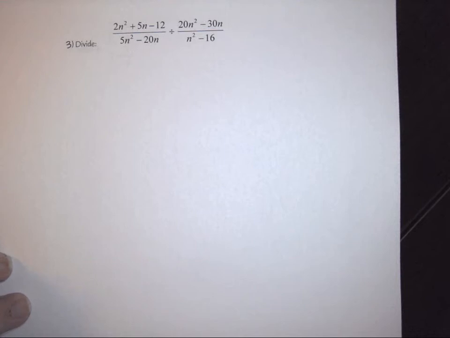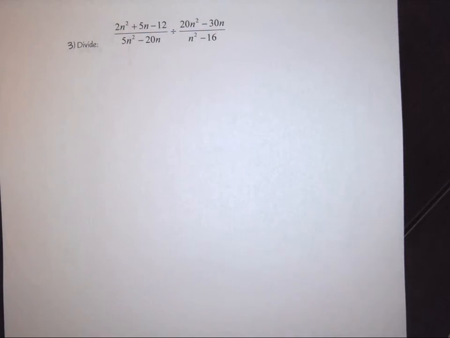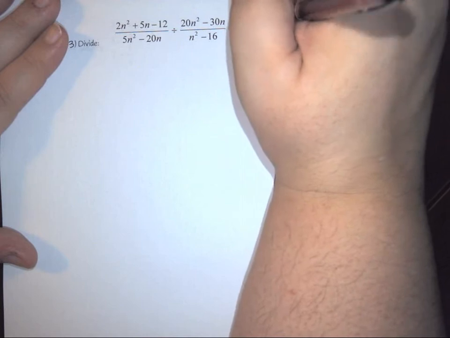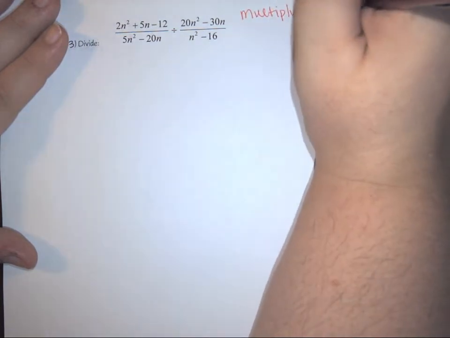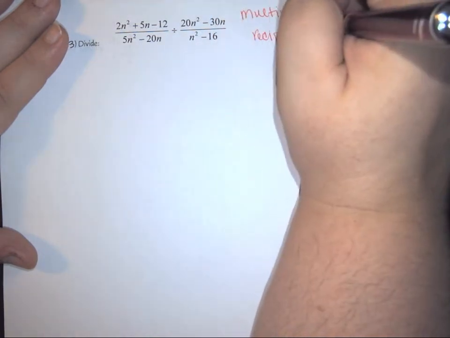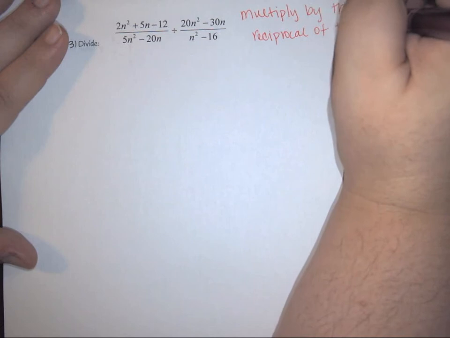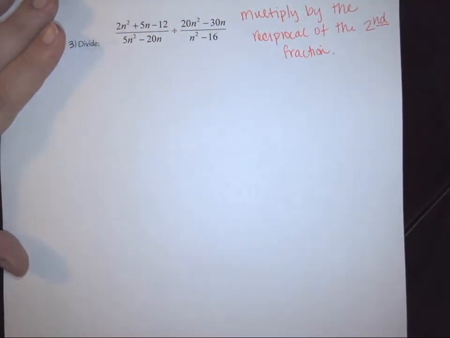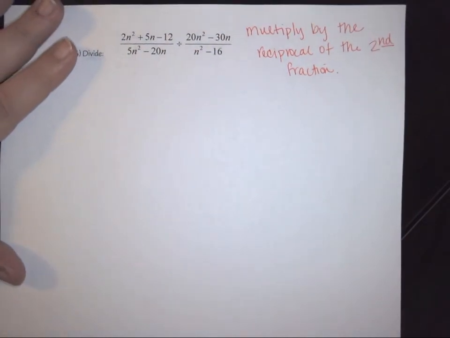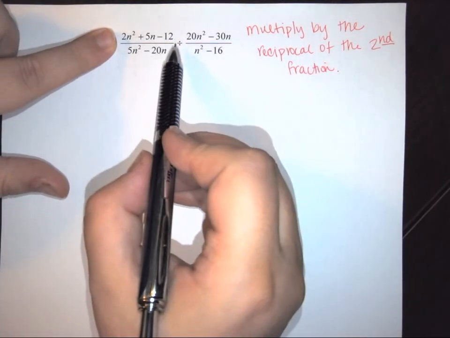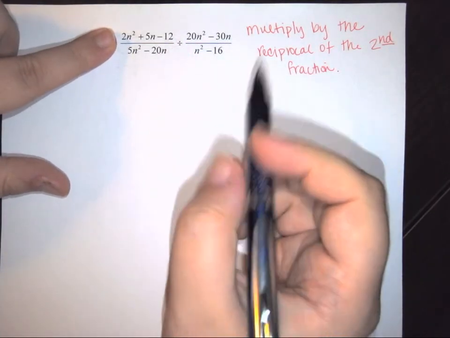Now, when we look at division, we have to remember to multiply by the reciprocal of the second fraction. What that means is the first thing that has to happen is that this has to change.